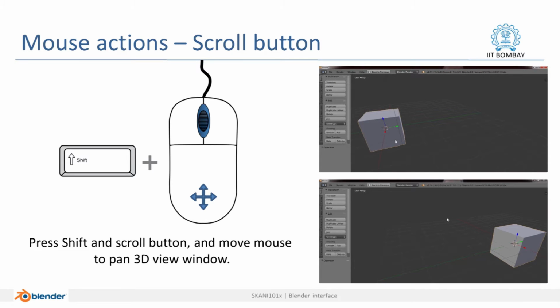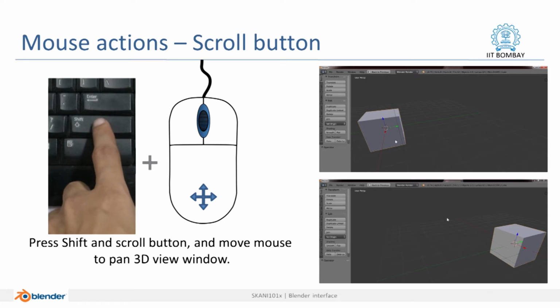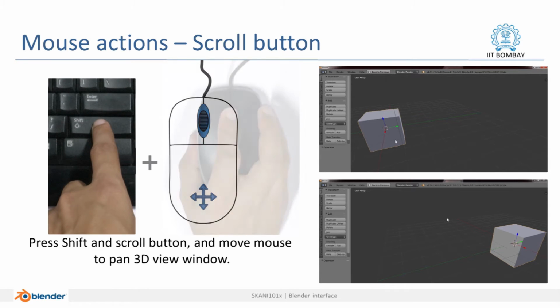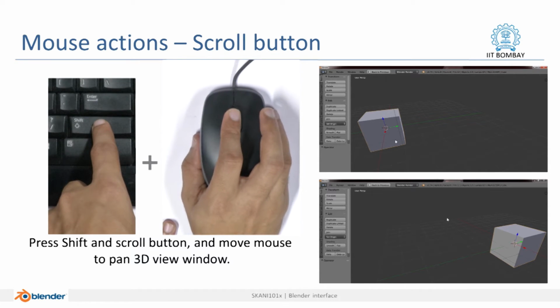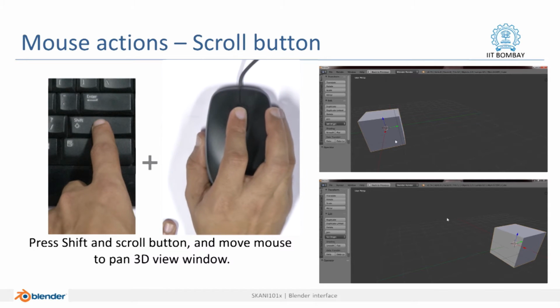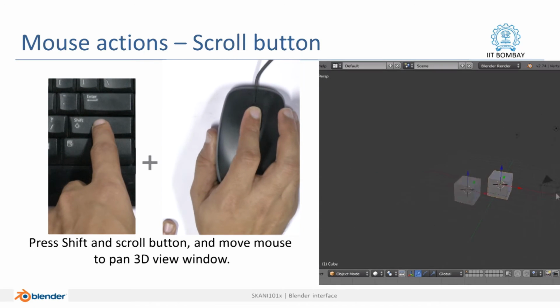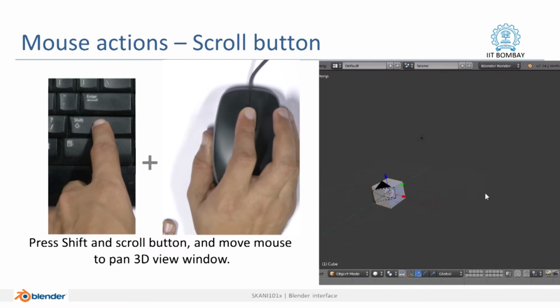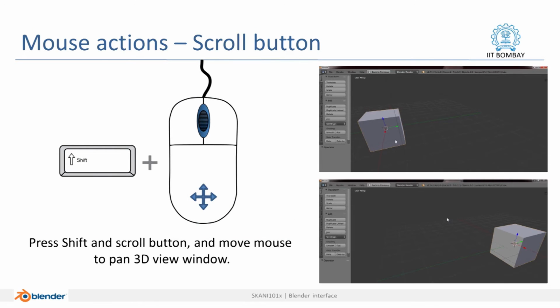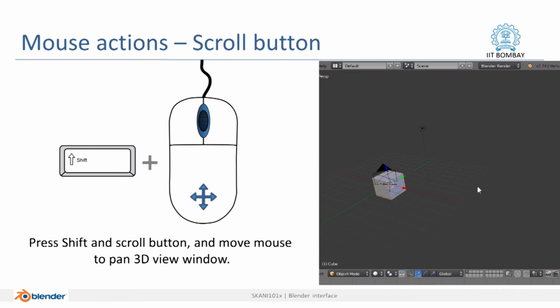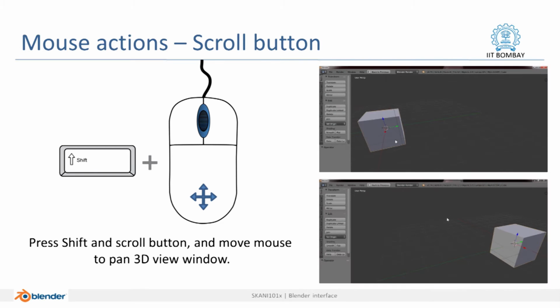So, I press shift with my left hand and then I press the scroll button, and now I am actually moving this so that you can see that I can pan around. What you did for orbiting, just add shift to it and you will be able to pan the scene.